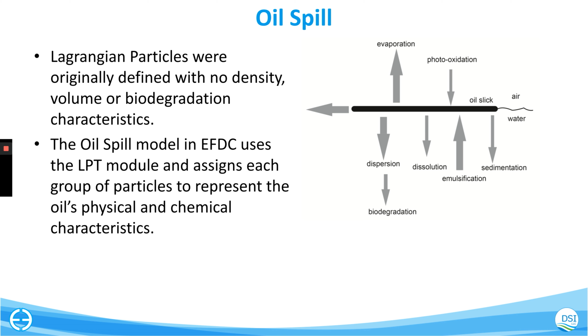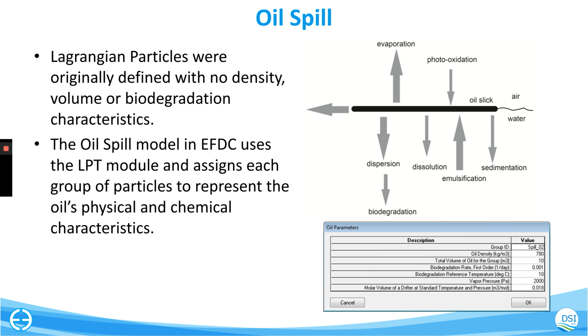Each group of particles can have different properties, so it could simulate different kinds of oil, or any kind of substance that might be lighter than water, might be transported by water and wind, and might also be degrading or dispersing into the water column.